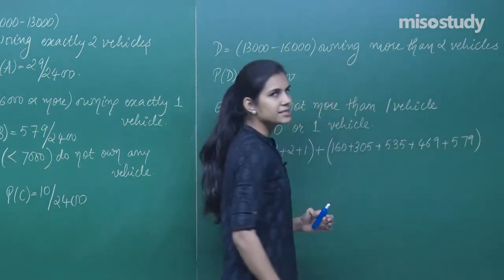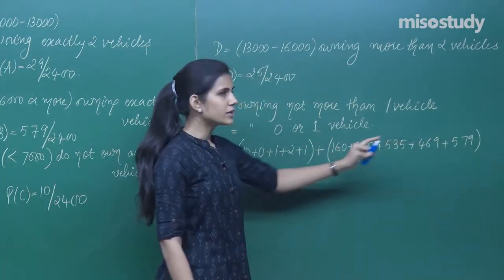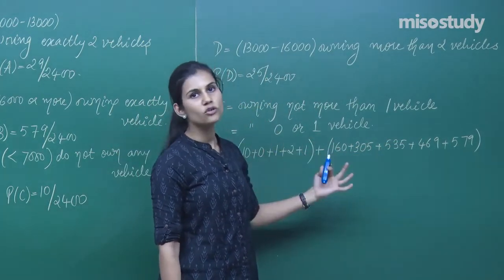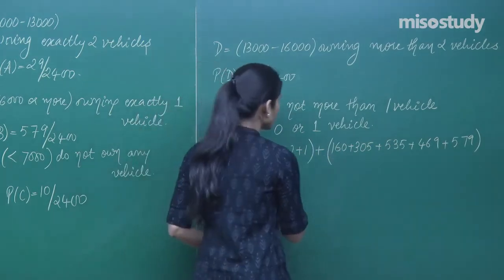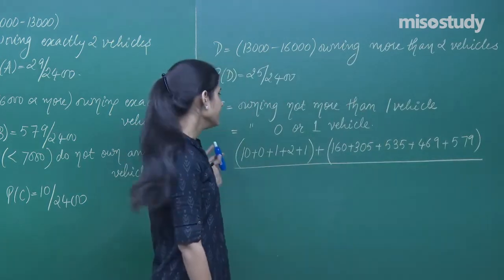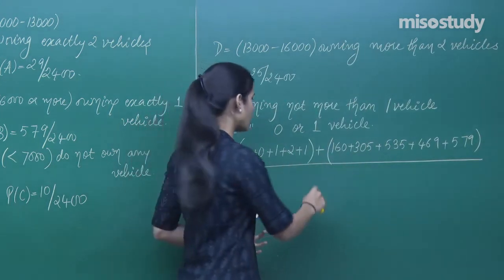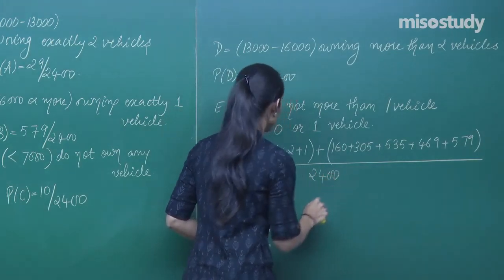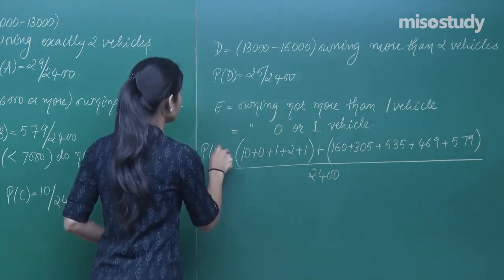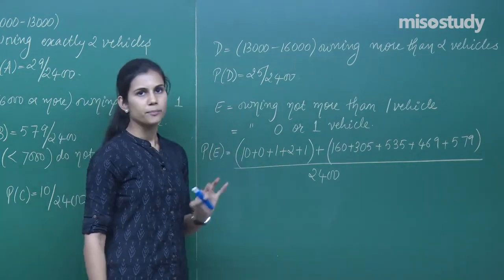This is the number of families having exactly 1 vehicle. So, this total is the number of families having either 0 vehicle or 1 vehicle. Out of 2,400, this number you can evaluate very easily. These are the total number of families having not more than 1 vehicle out of 2,400, and so this happens to be the probability of A. Of course, you can add this number divided by 2,400 and you get the probability.